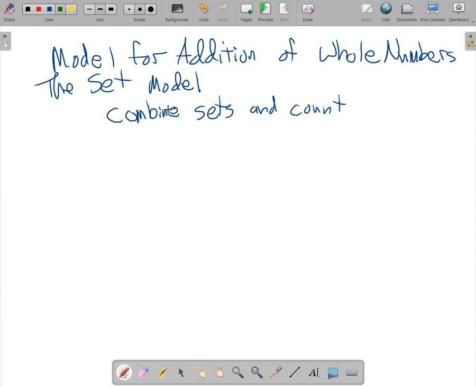Now there's a slight variation on the set model called the number line model for addition.